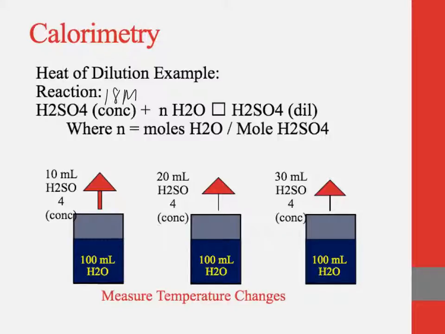So in each of these examples, there's 100 mils of water, and you're starting with 10 mils of sulfuric acid, and then 20, and then 30. And what's happening is that the overall solutions are going to result in a lower energy state. And what that means is they're going to be extremely exothermic.